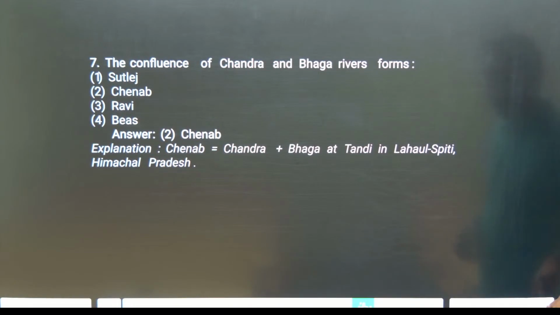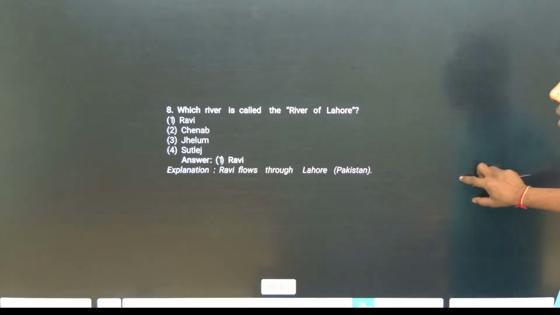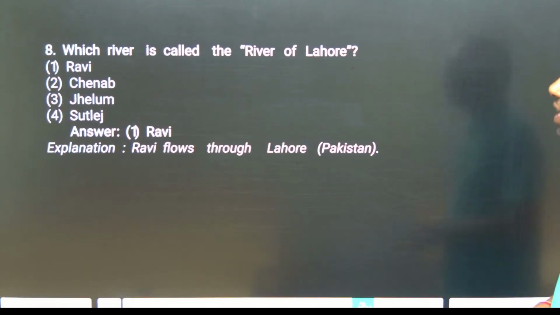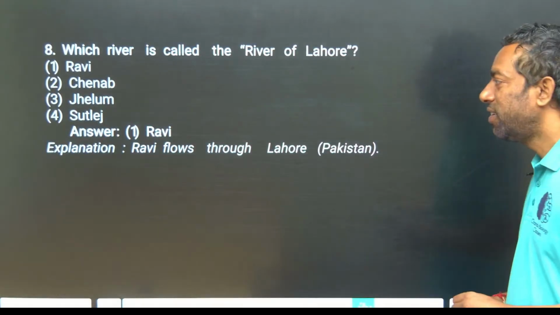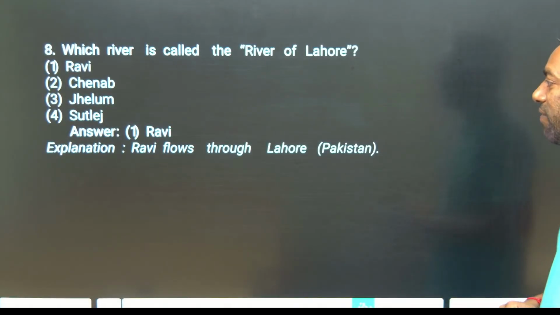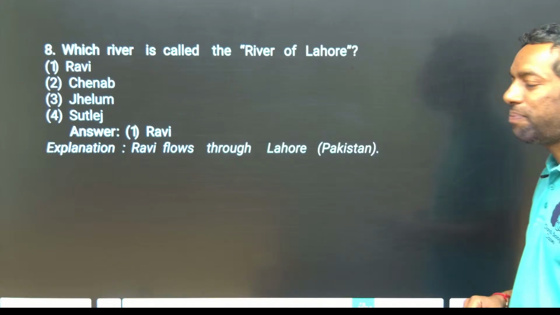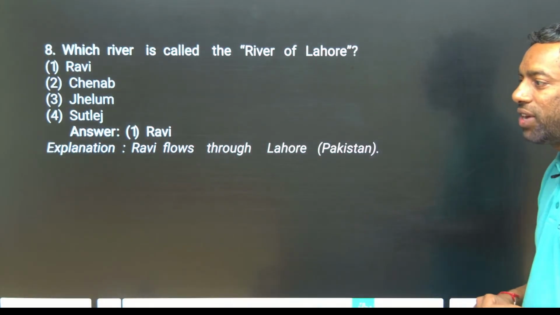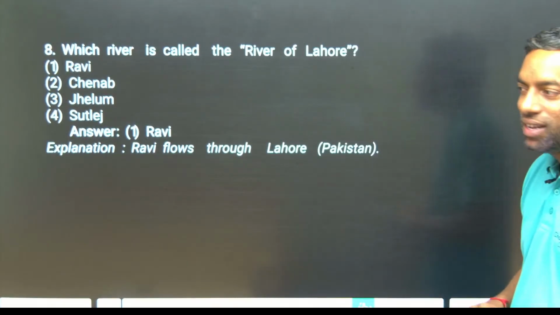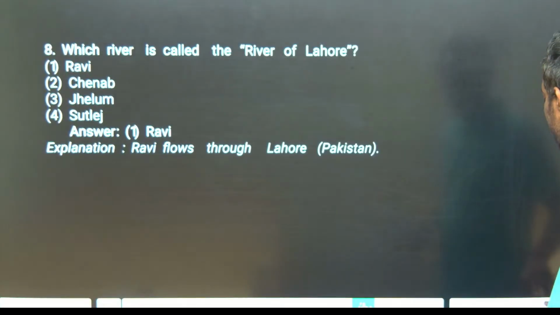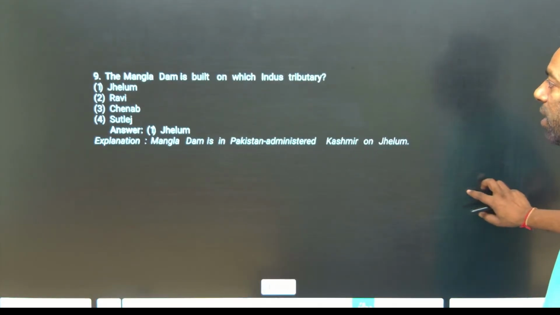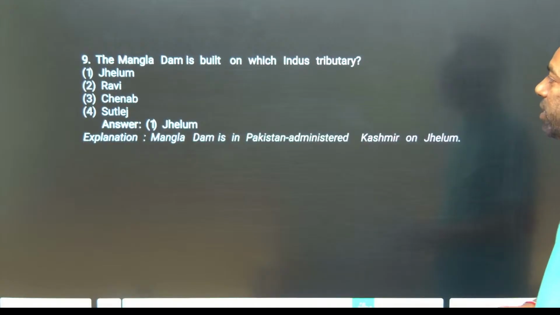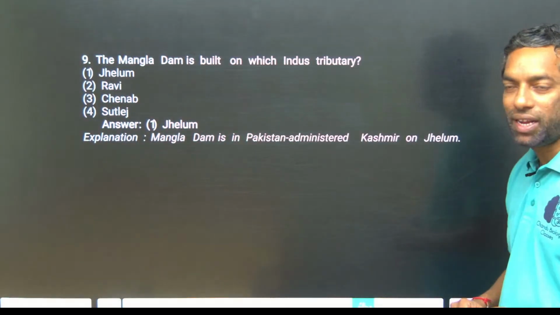Okay, next, which river is the river of Lahore? The river of Lahore is Ravi. Ravi flows through Lahore, Pakistan. River of Lahore, this is important. They might ask you in the coming exam. Mangla Dam is built on which Indus tributary?